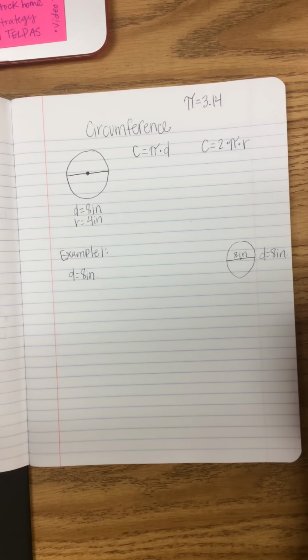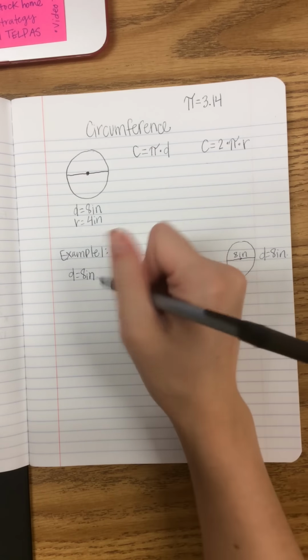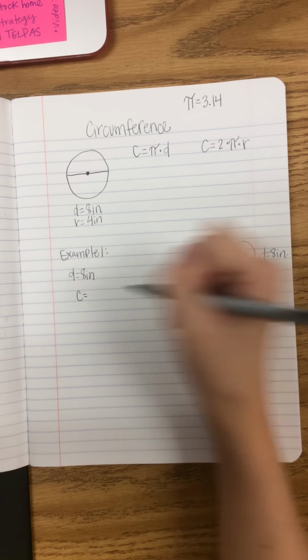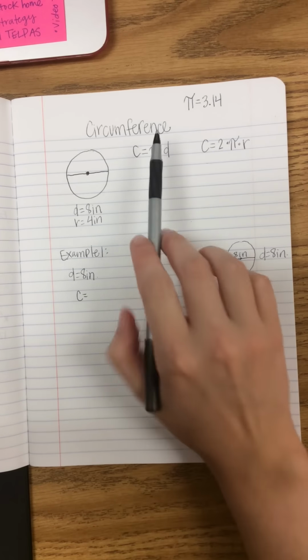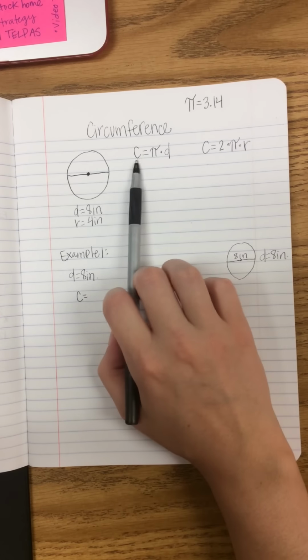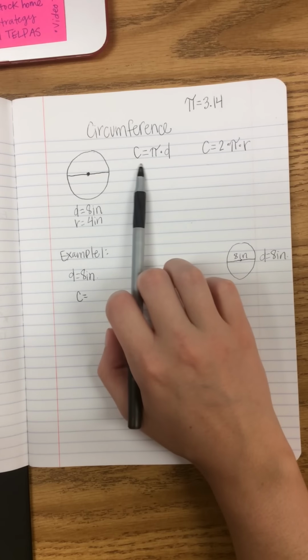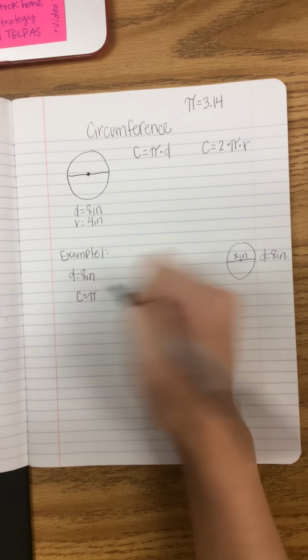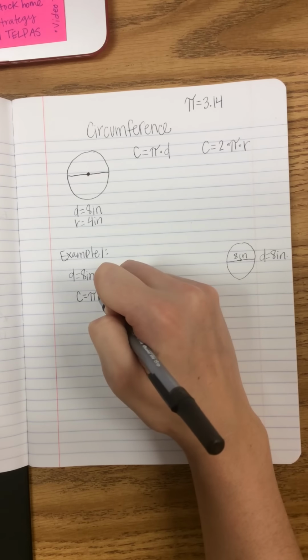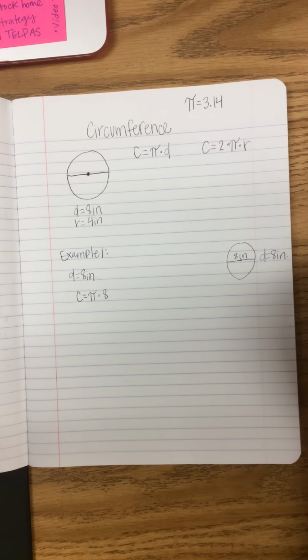We've identified it. Then step 2, use the formula. We know we're going to solve for C, circumference, and we have diameter. So we're going to plug our 8 inches into this formula right here. Before I calculate anything, I just want to write my numbers in my formula.